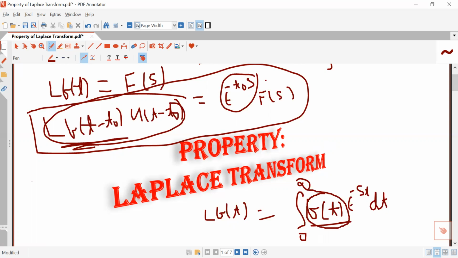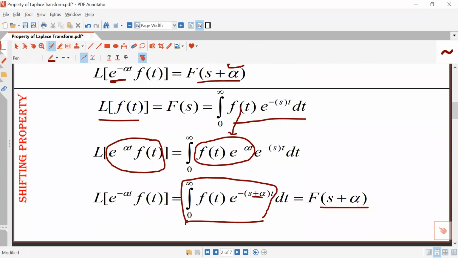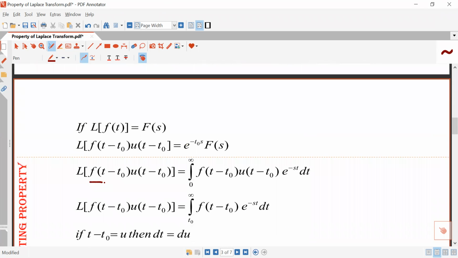So you can see here what the Laplace transform of this will be. In place of f(t), you write this, e to the power minus st dt. And now, as you know, this term u(t minus t0) will be 1 for t greater than t0. Otherwise, this term will be 0.